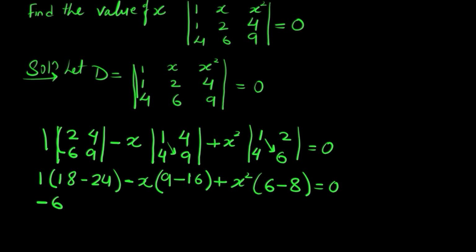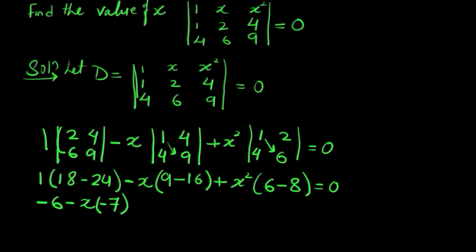Similarly 9 minus 16, the sign of the greater number is minus, 16 minus 9 is 7, so it's minus 7.